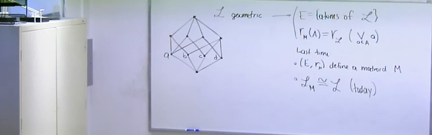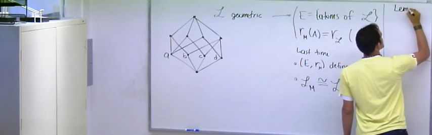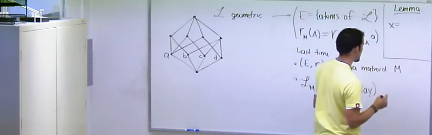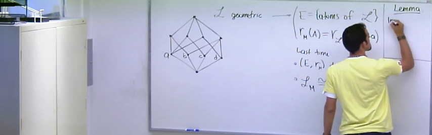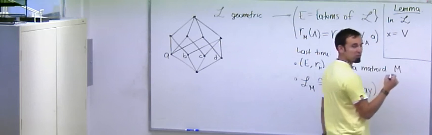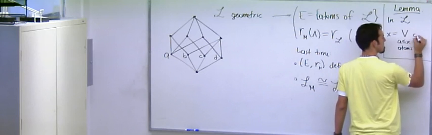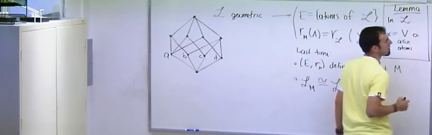Well, if you remember, last time we saw, and actually, this is important enough that I want to keep it somewhere that we'll see it, that in a geometric lattice, any element x is the join of the atoms below it. We showed this last time.